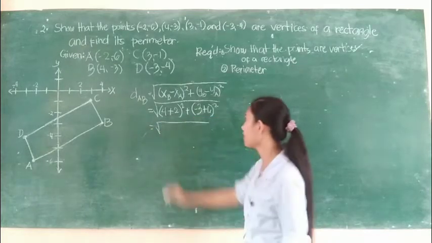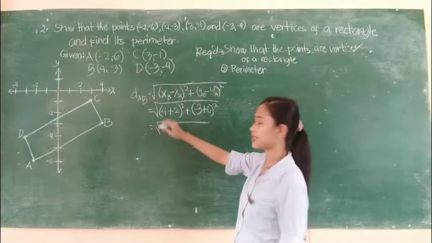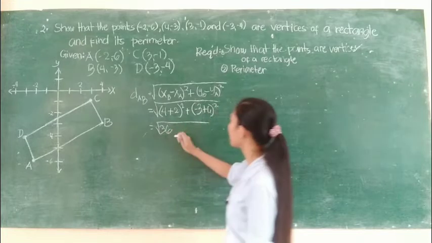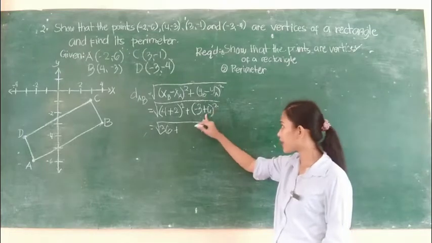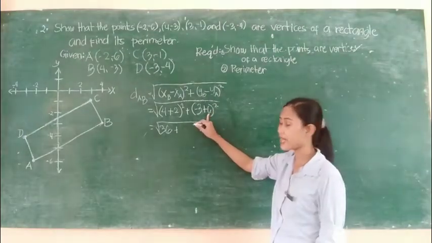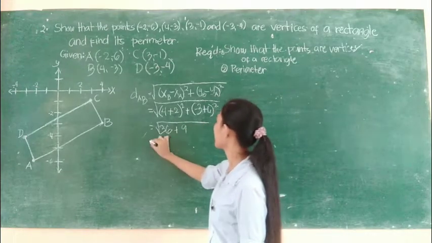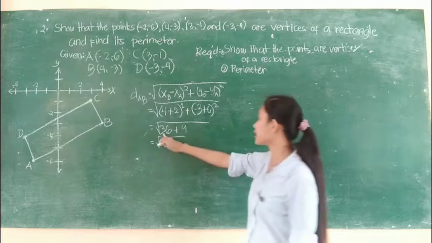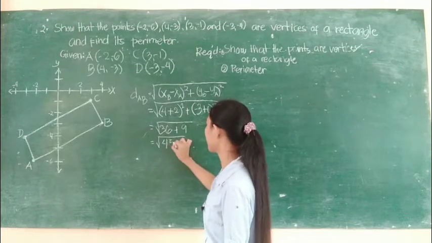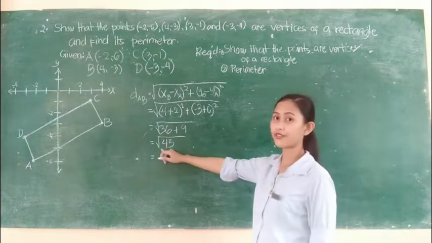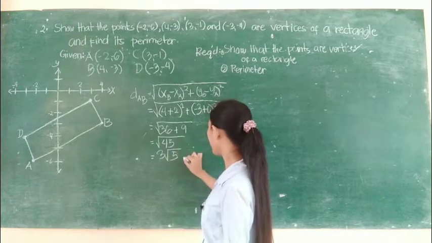Equals 4 plus 2, 6. 6 times 6 is equals to 36 plus -3 plus 6 is equals to 3. 3 squared is 9. Well, 36 plus 9 is equals to 45. The square root of 45 is equals to 3 square root of 5 units.